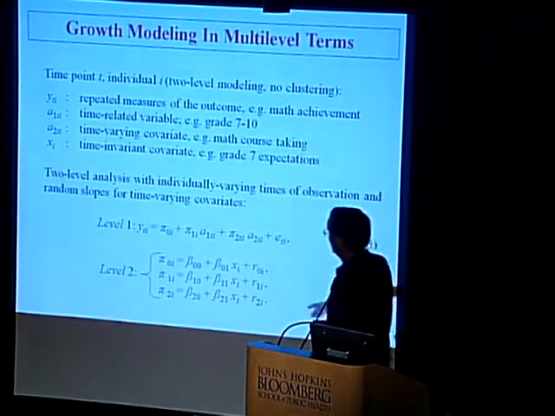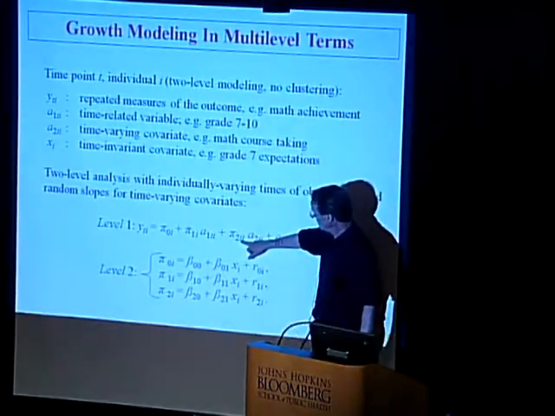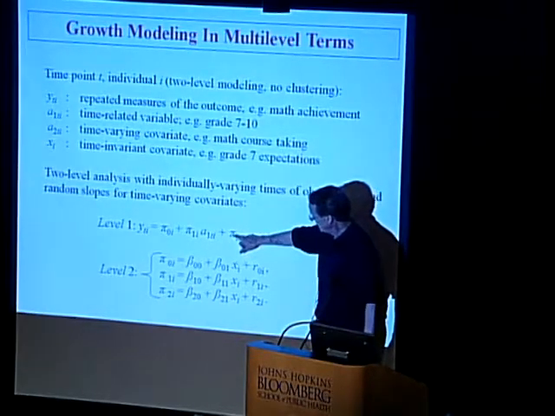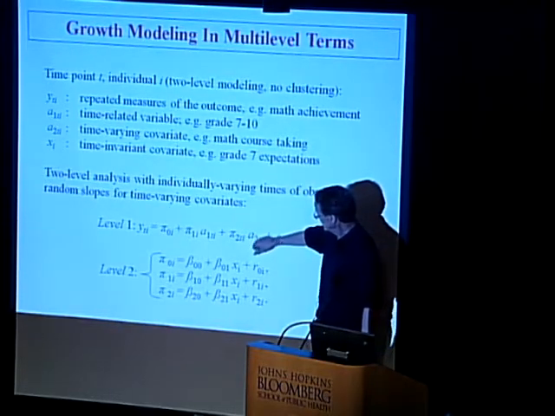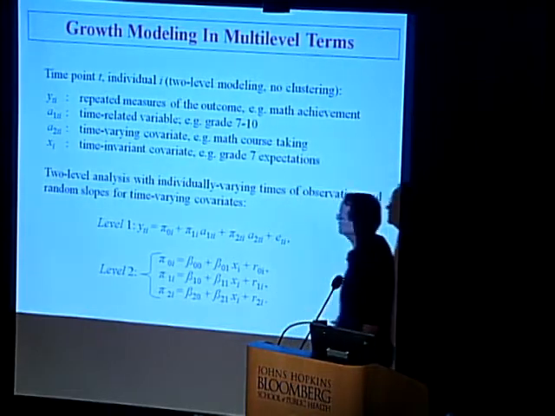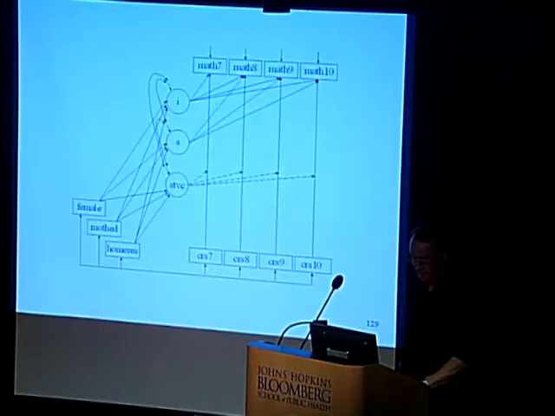If we had STVC 1, 2, 3, 4, then we would have accommodated the subscript t for pi 2, in addition to having accommodated I. But now, the way we've written it, we have dropped I. We're saying that that random effect is the same across the time points.